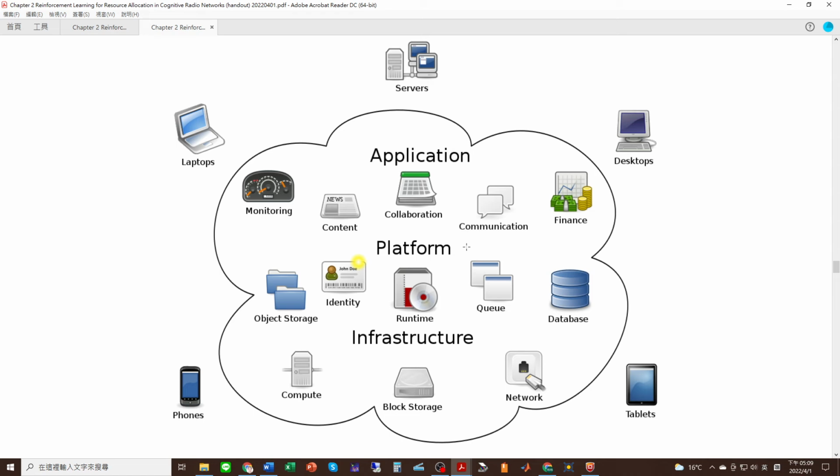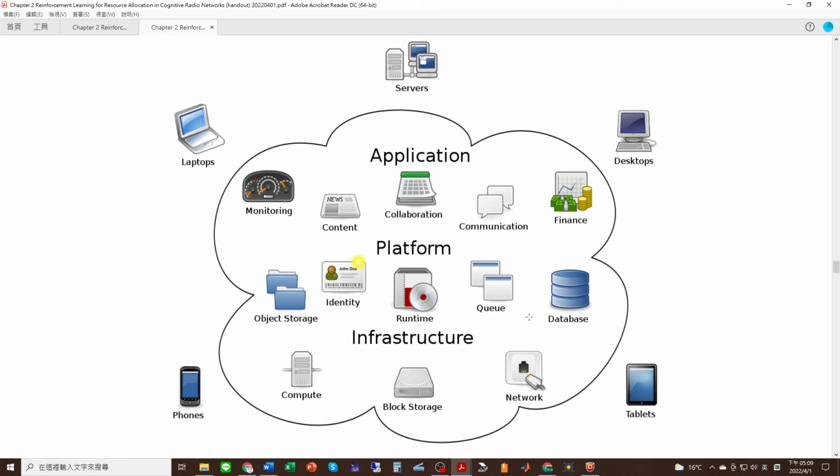The cloud also includes the platform, for example object storage, identity, runtime, queue, and database.